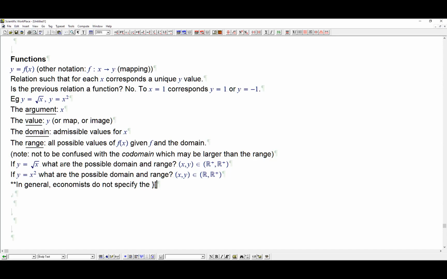So I could say something like x such that x is in R and x isn't 0, for instance, if you want to specify.